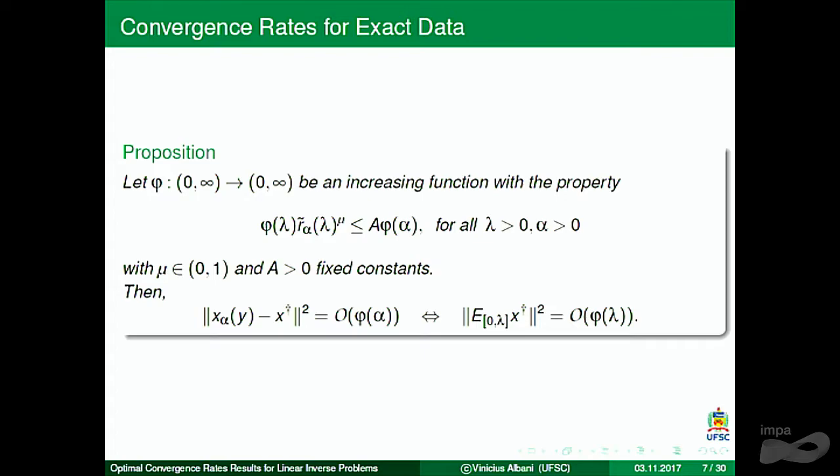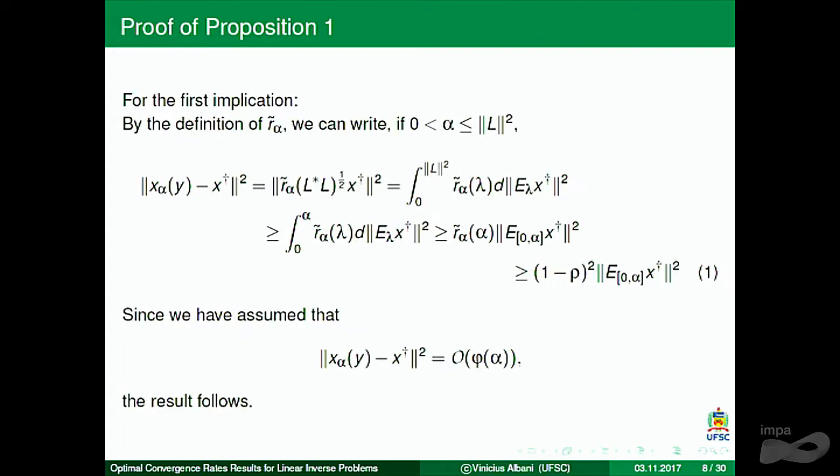There is a result from Neubauer in 1997 for the case of Tikhonov regularization and phi as a Hölder function that states a similar equivalence. But now we have this general setting.